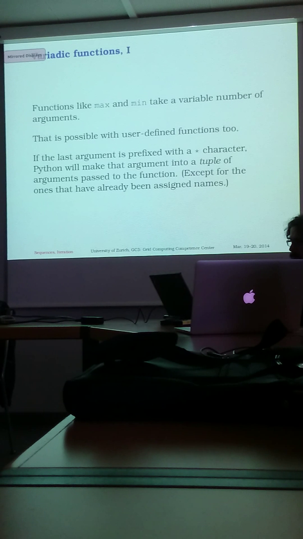You do it with this special star character. When you use the star character, the name following the star is going to be a tuple, and inside the body of the function you can iterate over this tuple.